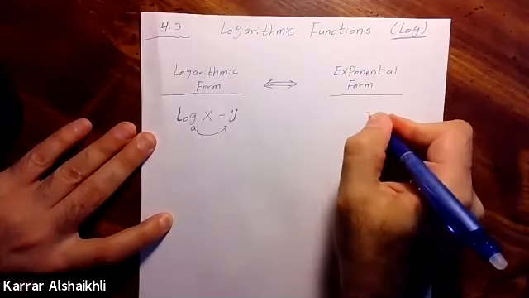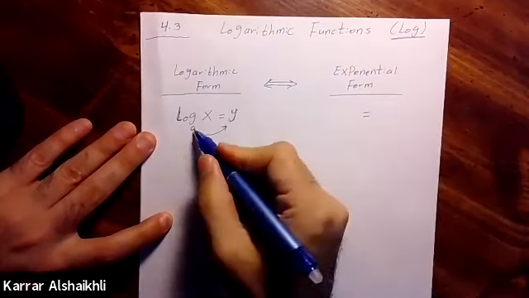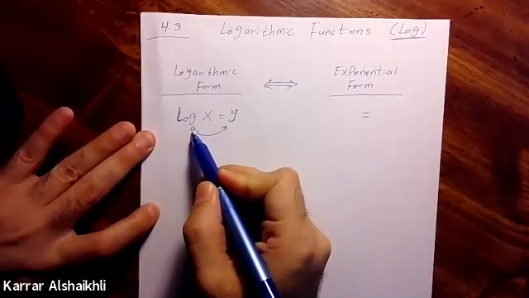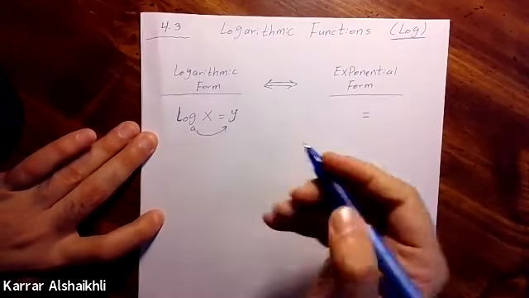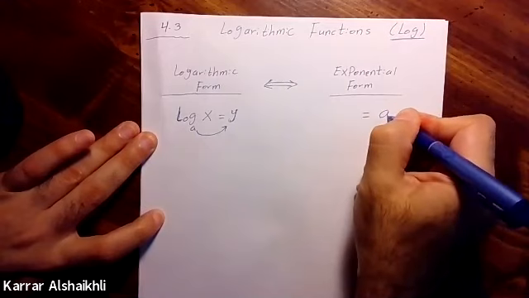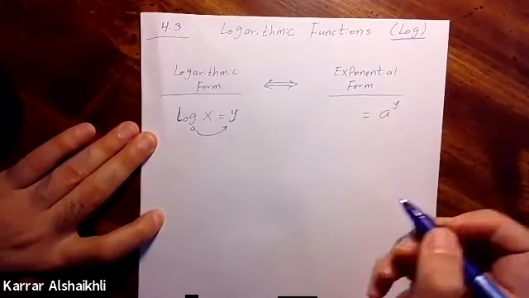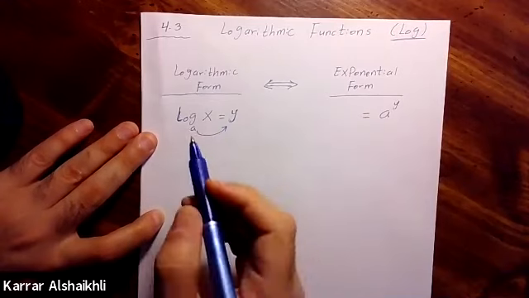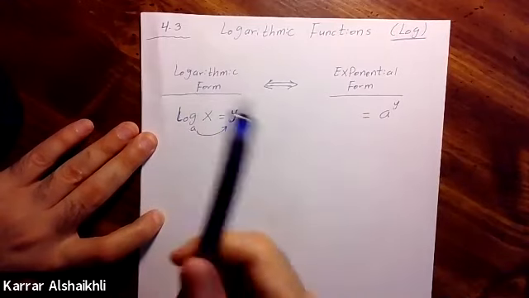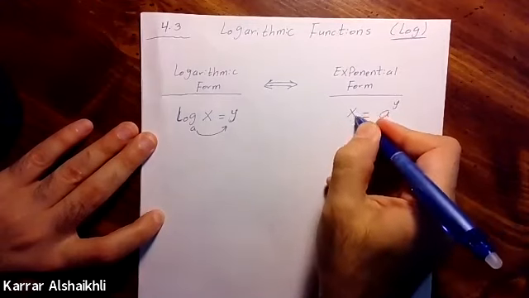So here's the equal sign. I'm going to move the base, because this is the base, from here to be a base for the y. That means y is going to be an exponent. I'm going to move this one here and cancel the log. So the leftover is just x.